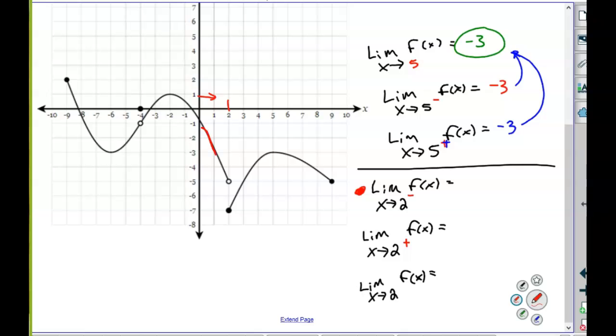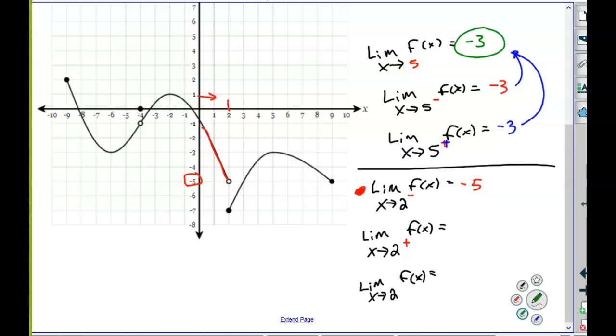So my outputs are getting closer and closer. And eventually, where is this output going to head? -5, right? Now, will it ever get there? No, but it's going to get to -4.9, -4.99, -4.9999999. It's going to get so close that we're going to call that limit approaching -5.